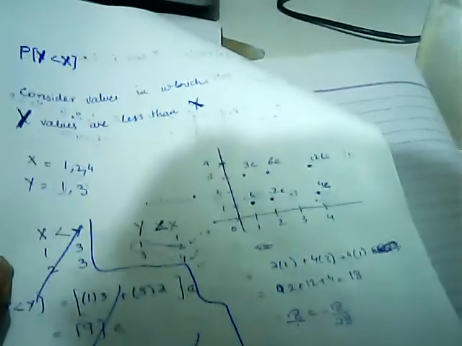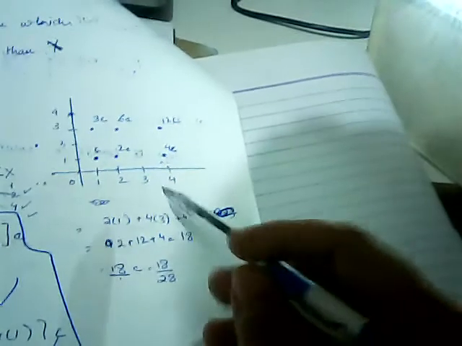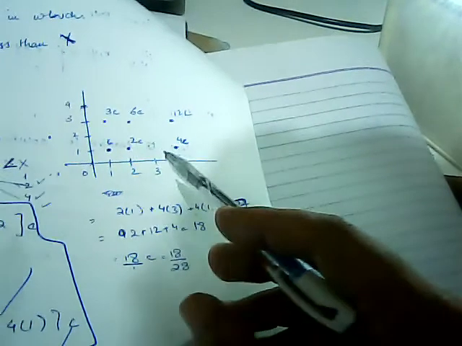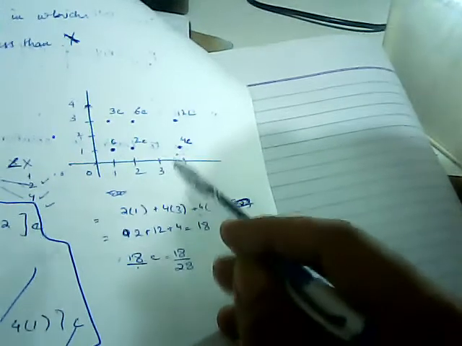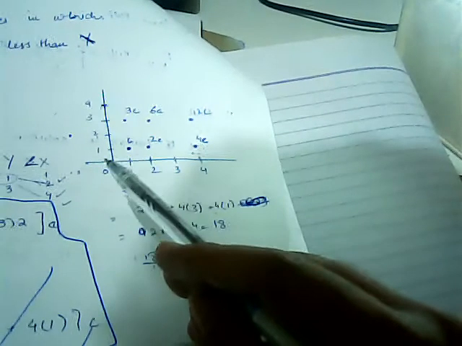Now friends, in this case the first thing you need to do is draw a map. The map is an easy way of solving this type of problem, and I'll be telling you this technique.